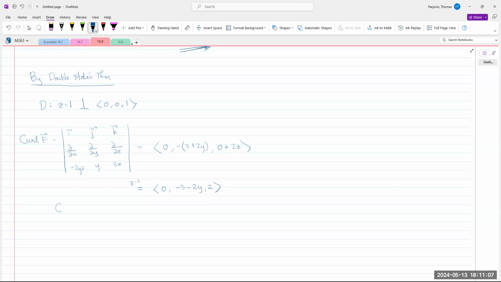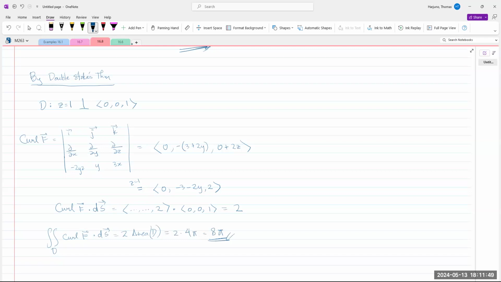The curl of F dot dS is basically the curl of F dot 0, 0, 1, which is 2. So the double integral over D of curl of F dot dS is equal to 2 times the area of D. But our D is the circle with radius 2. That's how I get 2 times 4 pi, that's 8 pi.